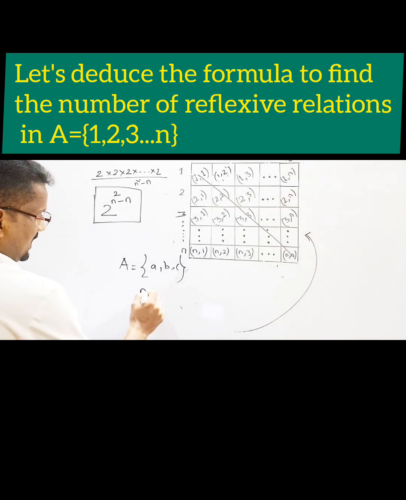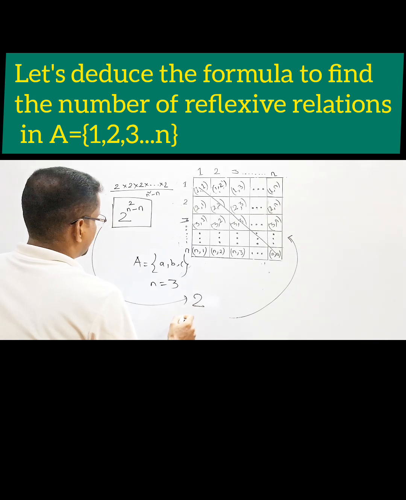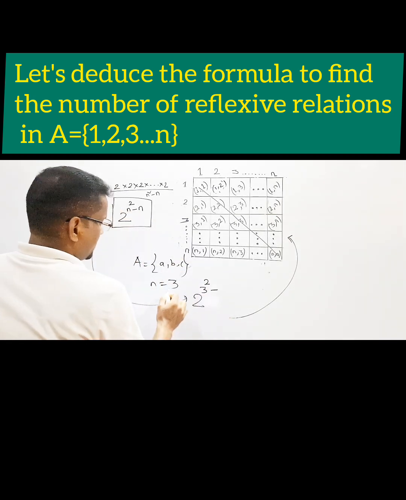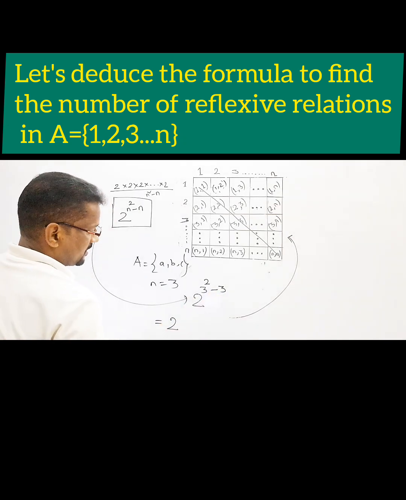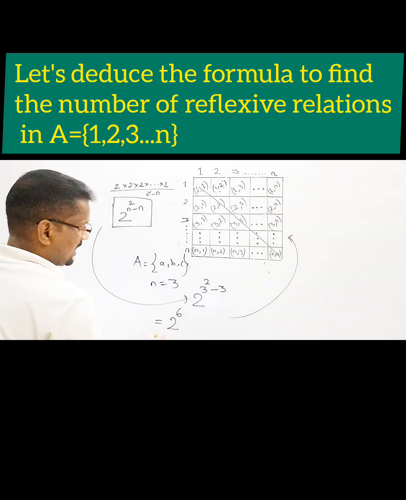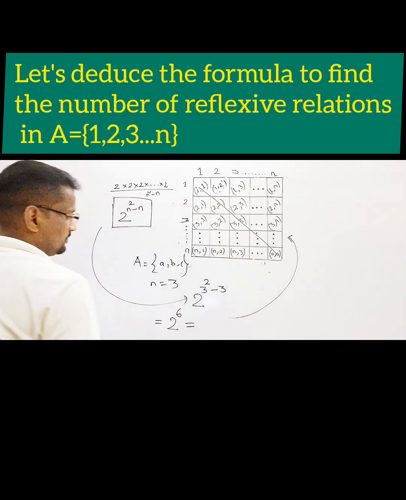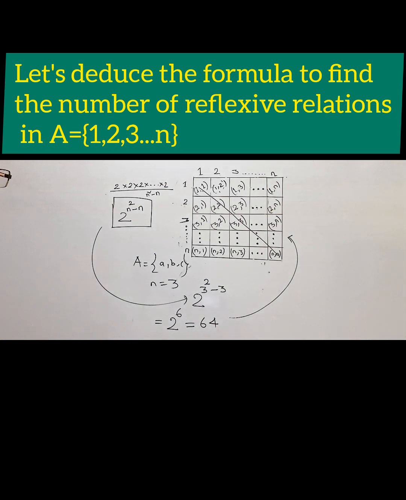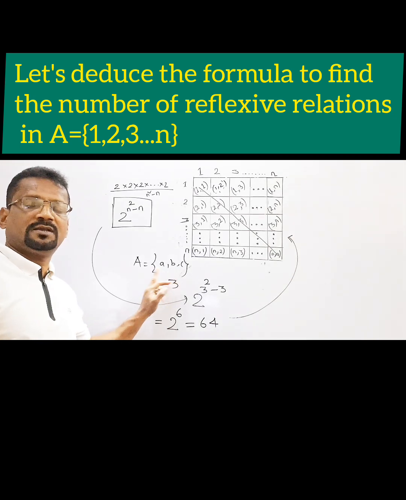Then n is 3 here, and use the formula 2 to the power n square minus n, that is 2 to the power 3 square minus 3. 3 square is 9, 9 minus 3 is 6, and 2 to the power 6 is 64. So 64 reflexive relations can be defined in this set.